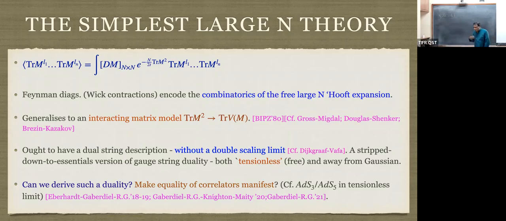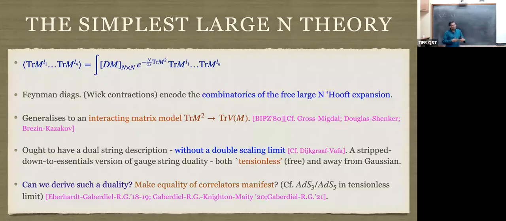But I would like to actually do more. I would like to derive such a duality, not just propose such a duality, in a way such that the equality of correlators starting from, say, the Gaussian integral becomes manifest, so that you can go some way at least towards reconstructing the dual closed string starting from this.